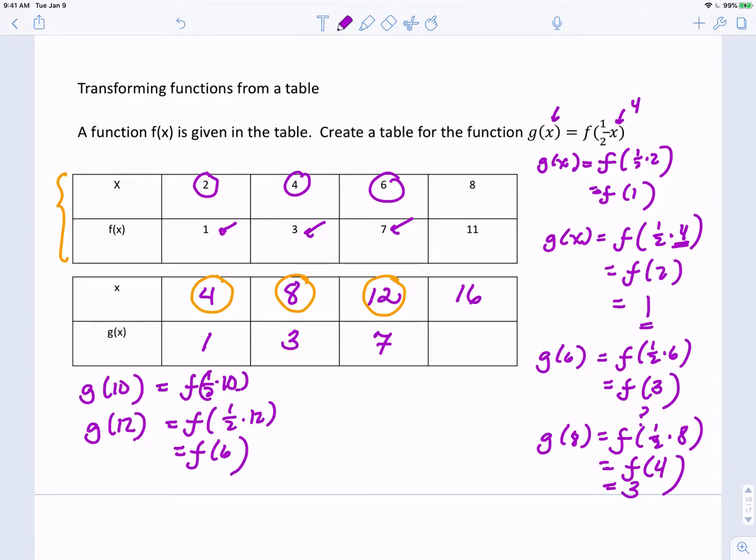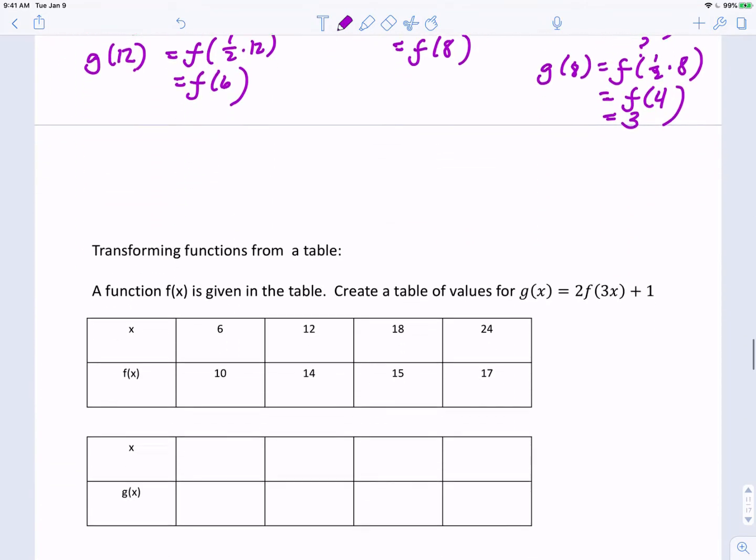Let's try. g of 16 would be the same as f of 1/2 of 16. That would be the same as f of 8. And yes, that's the last value we have in our table, and so that output would be 11.